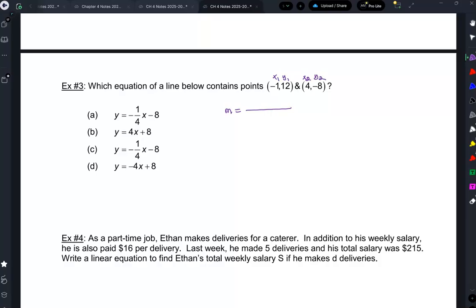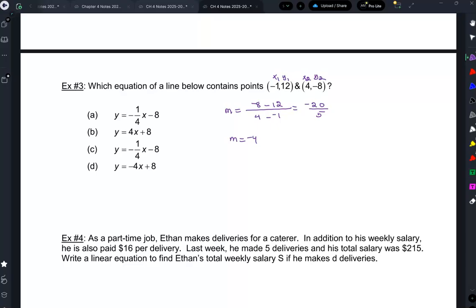It's going to be y2 minus y1. So what do I put in the numerator for these numbers? You put negative 8, then 12. Minus 12, over 4 minus negative 1. So now this is negative 20 over 5. So what's the slope here? Negative 4.